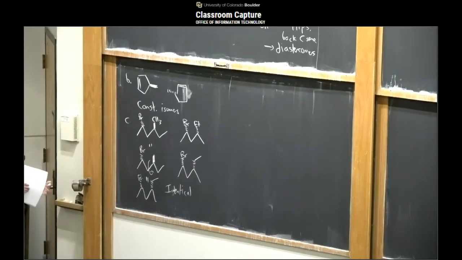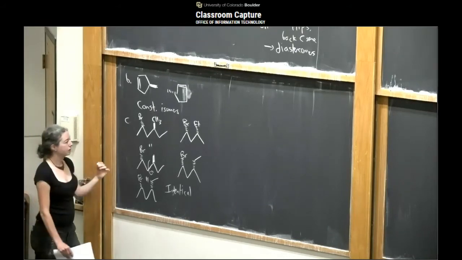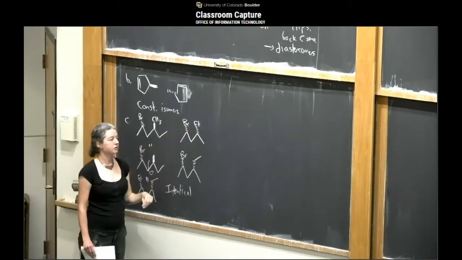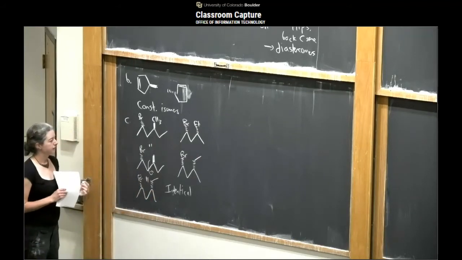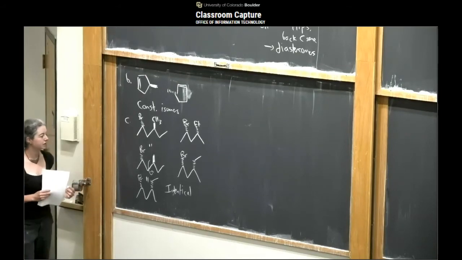So if you tried building models of these, you were probably more likely to see that right off the bat. Or if you tried assigning R and S to these, you might have realized that this is a 2-carbon chain. Aside from that, I don't know if I have any good tips for how to see that immediately.